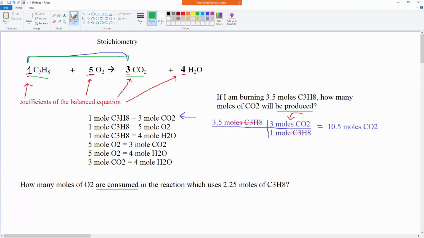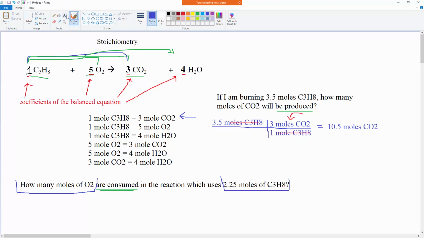But because this is a reactant, these two things are going to react together to form those things. So the oxygen will be consumed as it produces these other things. So don't get hung up on this language. You can mostly even just ignore it. What I want you to focus on is this piece. How many moles of oxygen? 2.25 moles of C3H8. That's all you need from this description.